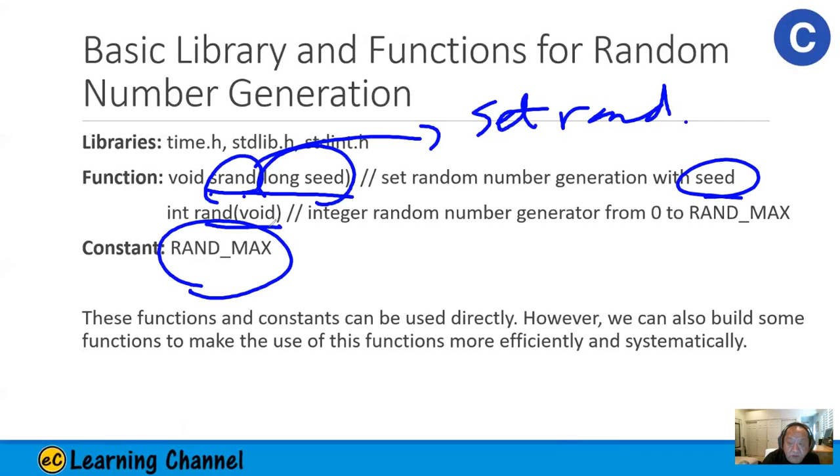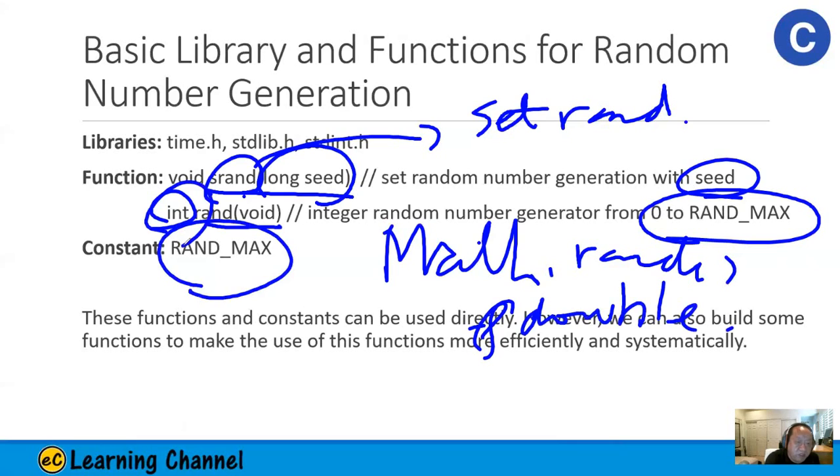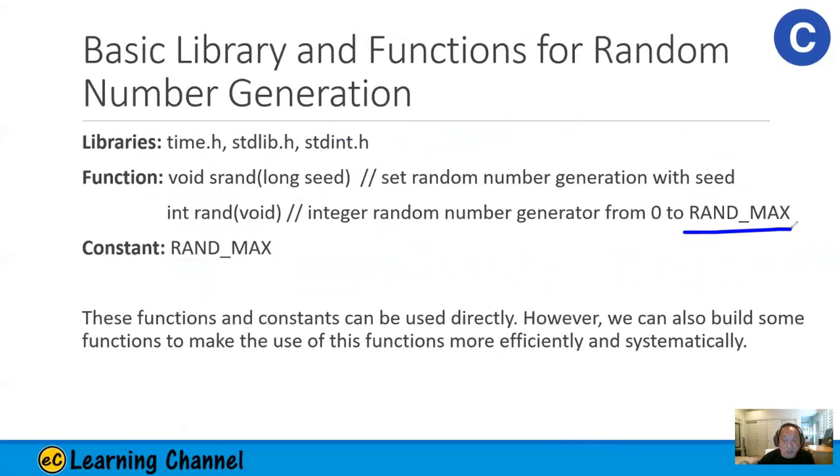This random function will generate a random number from here to here. So it's actually returning an integer. It's different from the Math.random in Java. That one is getting a double type value, right? Here rand actually returns integers. But the maximum number you will get is this.